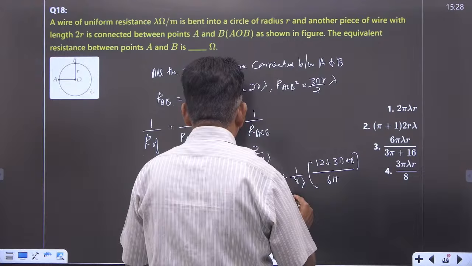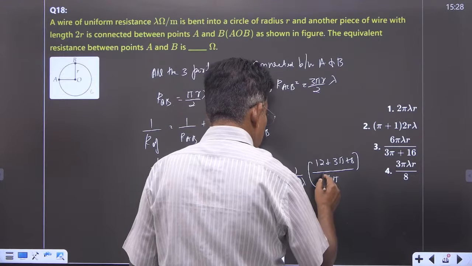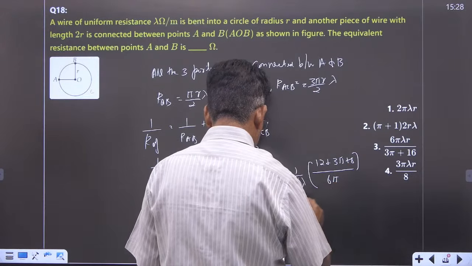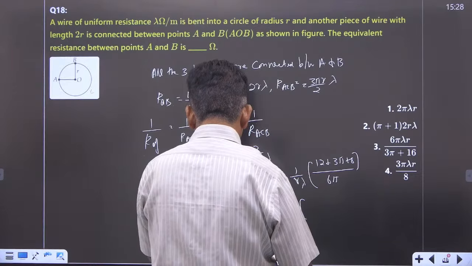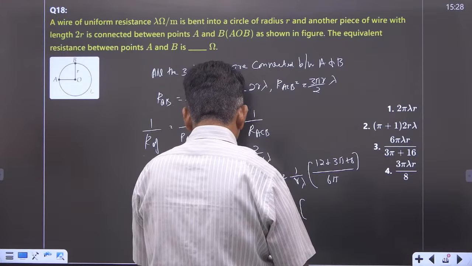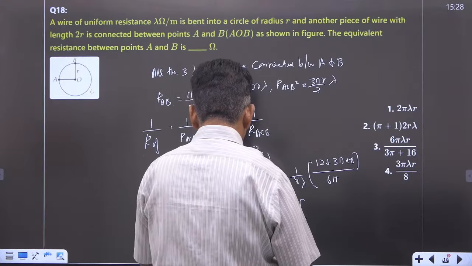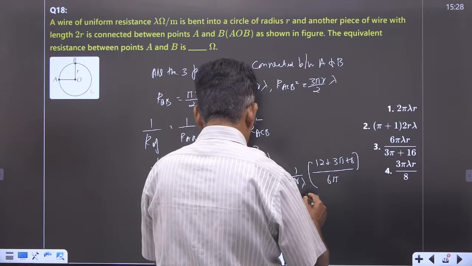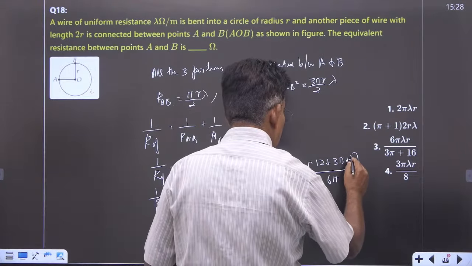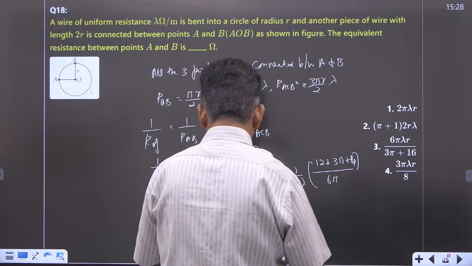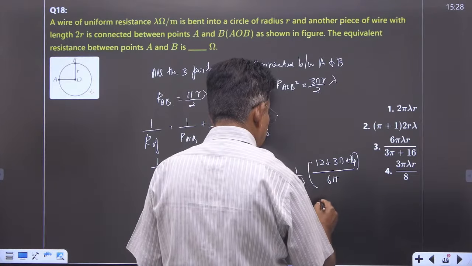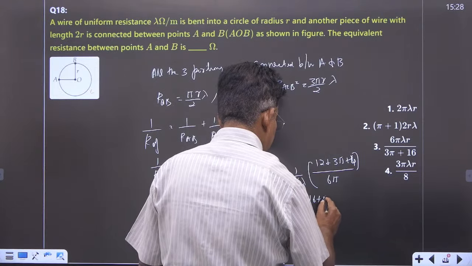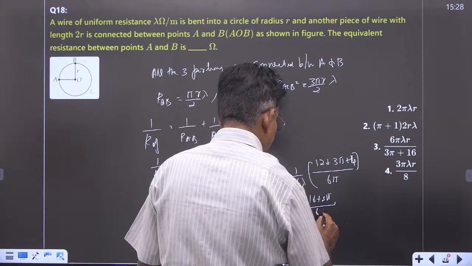Check it. 1 by R effective, that is 2 pi. 12 plus 3 pi plus 6 pi. 6 pi is the LCM, correct? Then 6 into 2, 12, plus 2 into 2, 4 only. 12 plus 4, 16. 16 plus 3 pi divided by 6 pi.